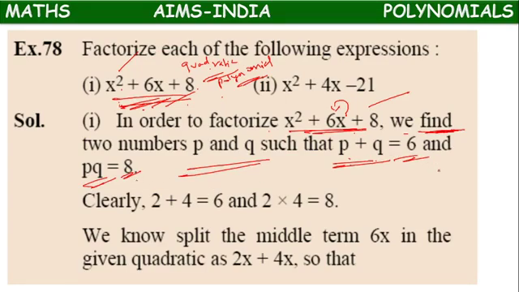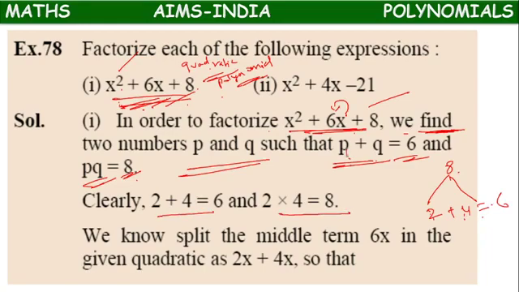We need two numbers whose product is 8 but whose sum is equal to 6. We can take 2 and 4. 2 plus 4 equals 6, and 2 into 4 equals 8.